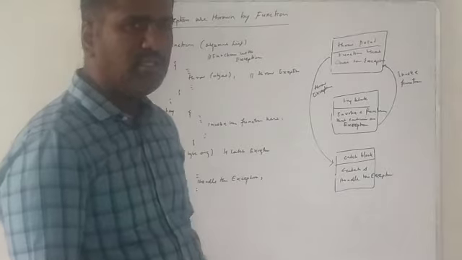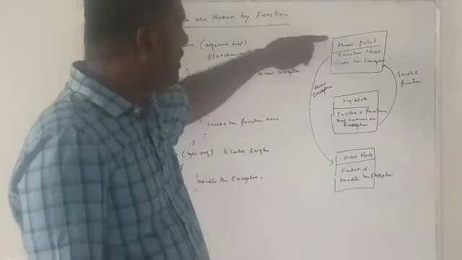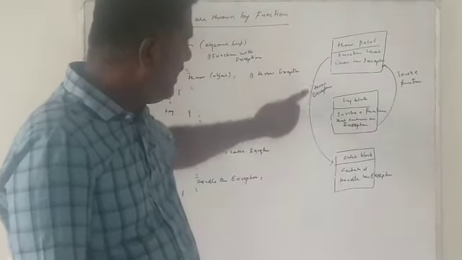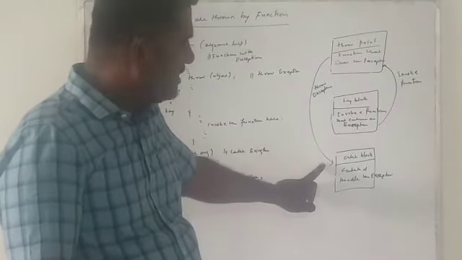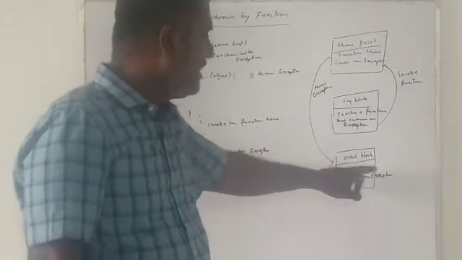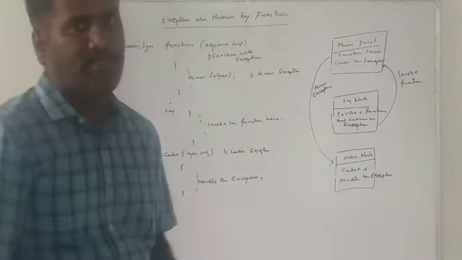The exception is thrown at the throw point, and the thrown exception is caught by the catch block, which then handles the exception.